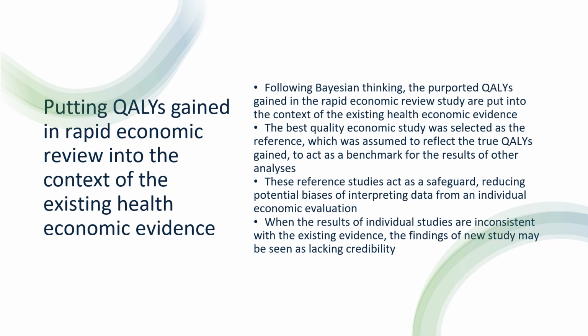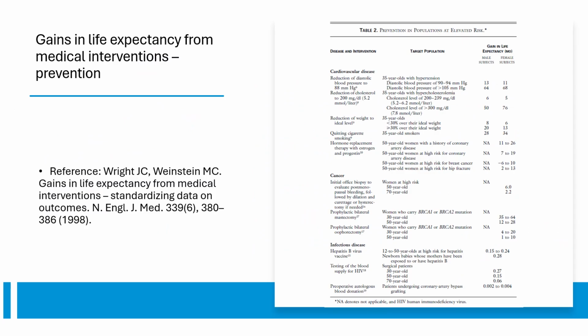This selection process is further explained later. These reference studies act as a safeguard, reducing potential biases of interpreting data from an individual economic evaluation. When the results of individual studies are inconsistent with the existing evidence, the findings of a new study may be seen as lacking credibility.